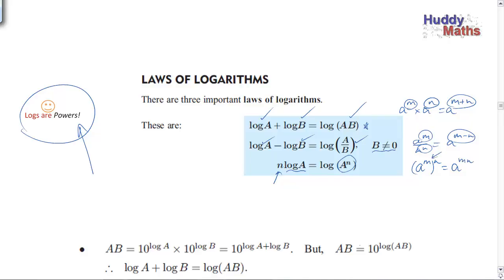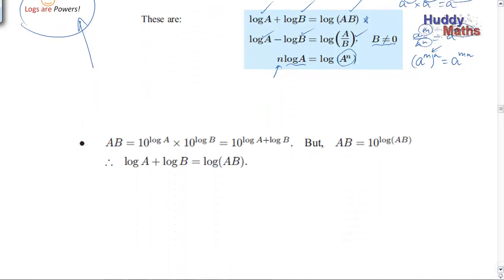All right, so there are some rules. Let's come down and look at some more formal proofs of those. I think you can see it, but let's formally prove it. If you've got a number a times a number b, you can write number a as 10 to the log of a and b as 10 to the log of b.